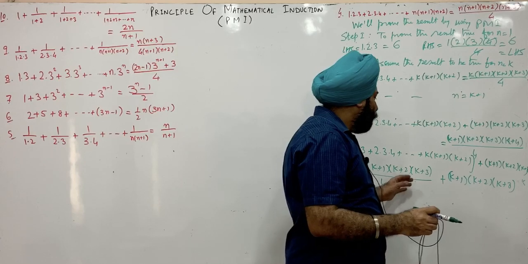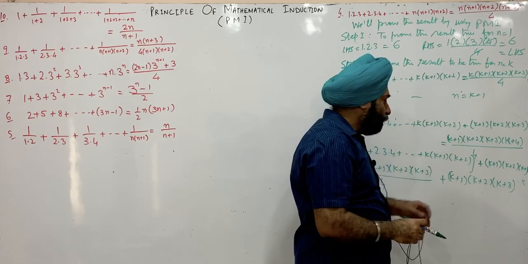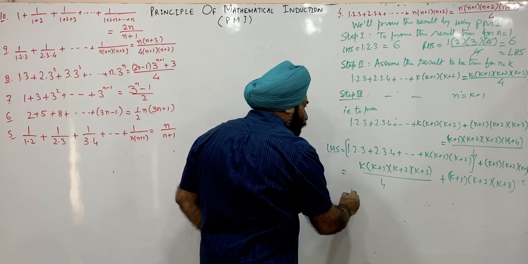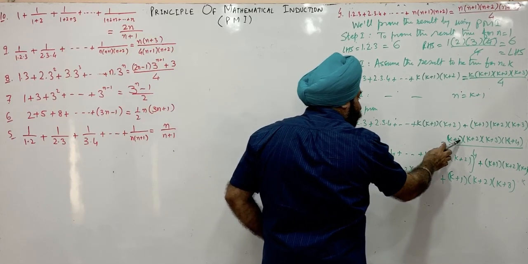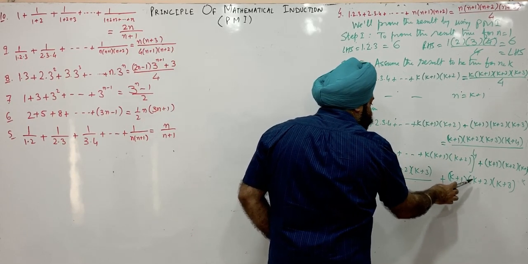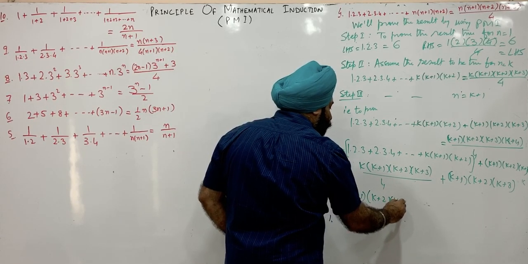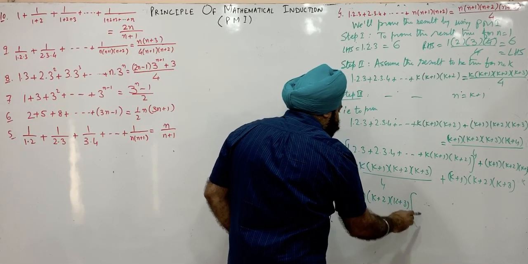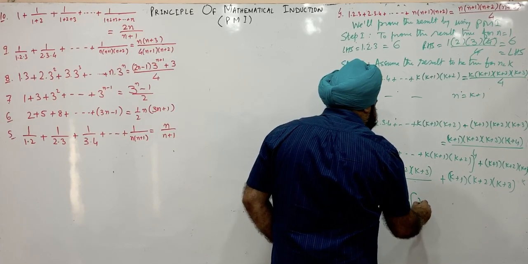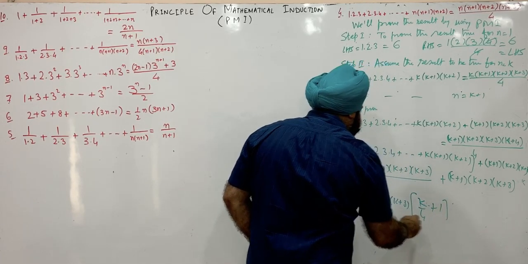Now we have to add these to get this. So we take k plus 1, we need k plus 1, k plus 2, k plus 3. So I am taking k plus 1 into k plus 2 into k plus 3 common. This will give us k by 4 and this is plus 1.